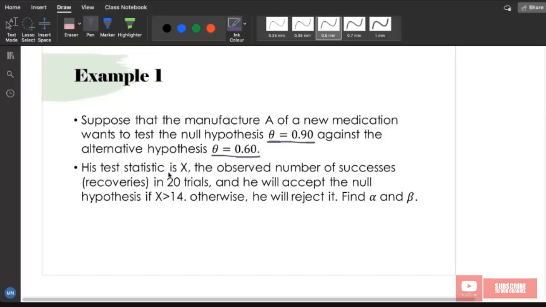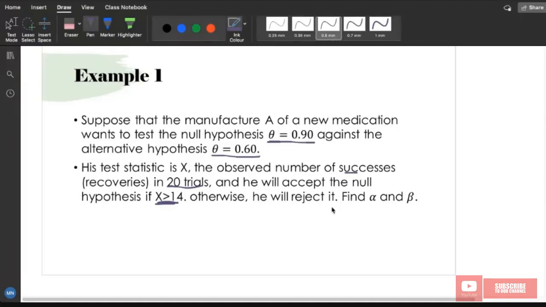His test statistic X is the observed number of successes, recoveries, in 20 trials. He will accept the null hypothesis if X is more than 14, otherwise he will reject it.